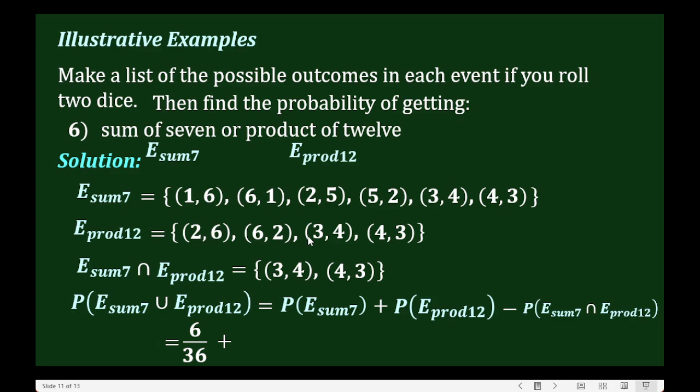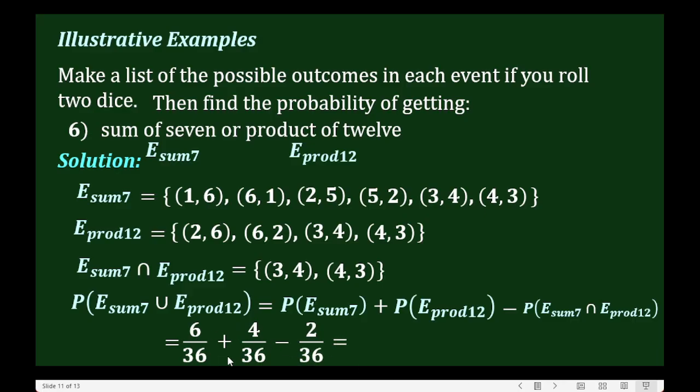So how many elements do we have here? 4 over 36. Since they are not mutually exclusive, we have to subtract the probability of the intersection of these two events. And for the number of outcomes, we only have 2 over the sample space, which is 36.